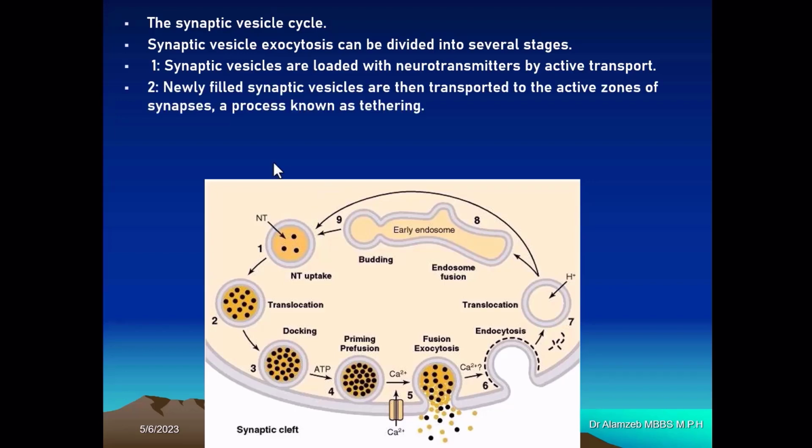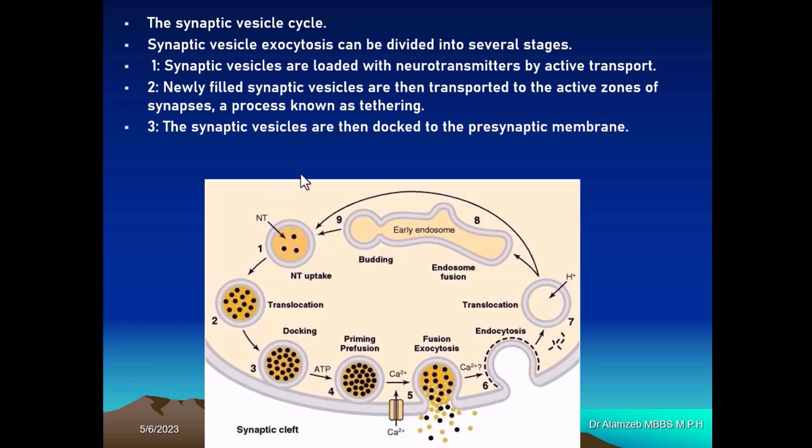transportation. Newly filled synaptic vesicles are then transported to the active zone of the synapse. Here, at the active zone of the synapse, is the process known as tethering. They are tied with a protein, and these proteins pull these vesicles to the active zone.